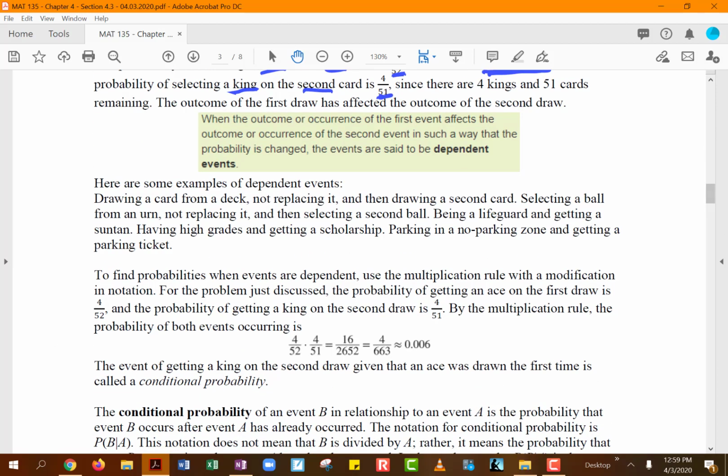If we're drawing a card from a deck, not replacing it, and then drawing a second card, which was the example we just looked at with our ace and king, this is going to be a dependent event. Selecting a ball from an urn, same thing, not replacing it, and then selecting a second ball will again be a dependent event.